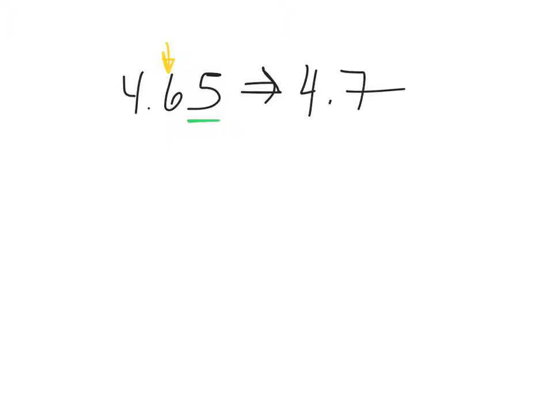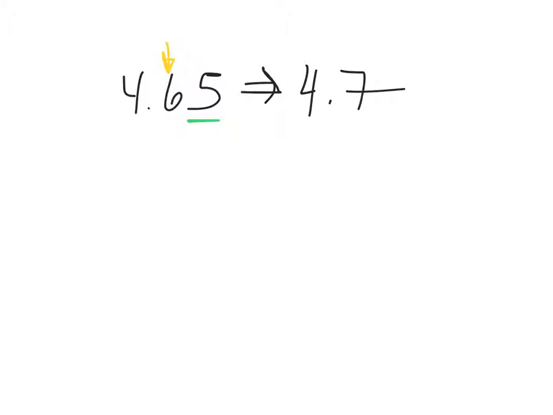In some of your other classes, they might use an odd-even rule to determine whether or not you're going to round up or leave it alone when you have a 5 determining your rounding. But we're just going to do 5 and up, round up. I don't remember how many years ago it was, but someone actually did a statistical analysis to show that the odd-even rule wasn't necessary. So we're not going to worry about that.